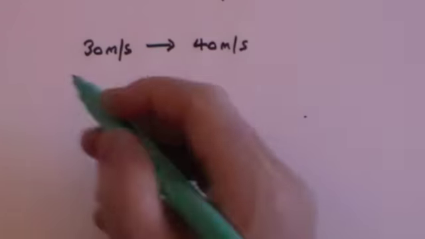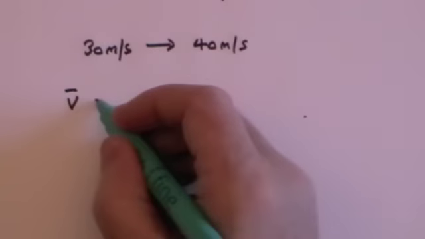We're going from 30 metres a second to a faster speed or velocity of 40 metres per second. What would be the average velocity, which I'm going to call V bar? What would be the average if we go from 30 to 40? And I'm going to assume that we go up in a regular fashion. So we go from 30 to 40 with a constant acceleration.